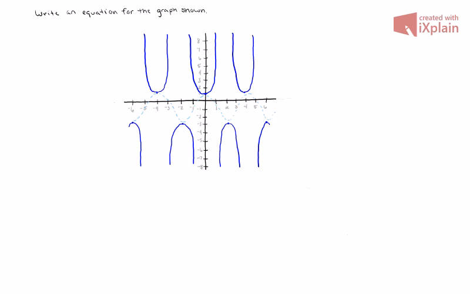What I want to note here is we're still going to identify my midline. Looking at this, my midline is at -1, or it's cutting through -1 on the vertical axis.